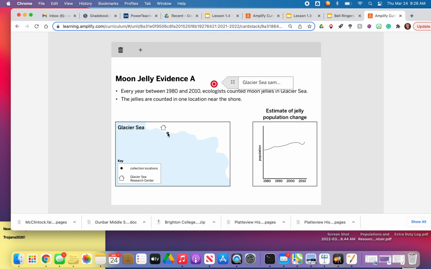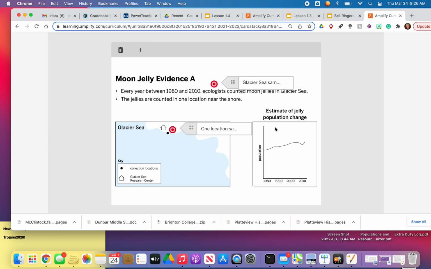They probably didn't get on a boat. They probably collected the sample from land, and they only took one sample. So I'm going to add my annotation: one location sample near the beach. Then I'll move that down right by my little dot so I can see it.